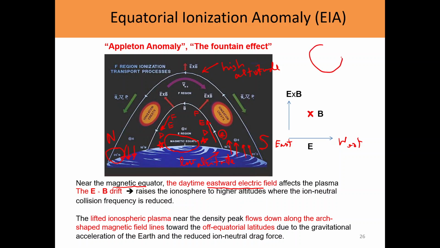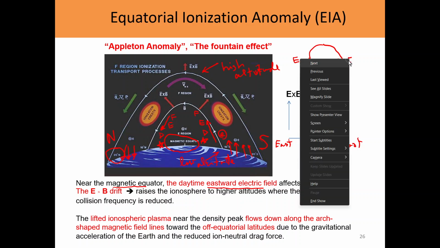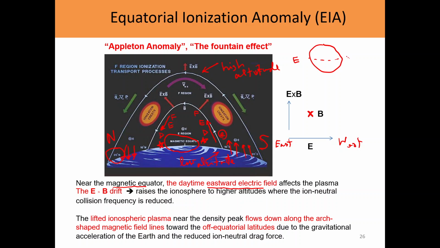So let's say you look at the earth like this: east, west, north, south. Because the magnetic field line travels from south to north, it looks like it's entering into the earth. So if you do your rotation method, you get the drift up here.